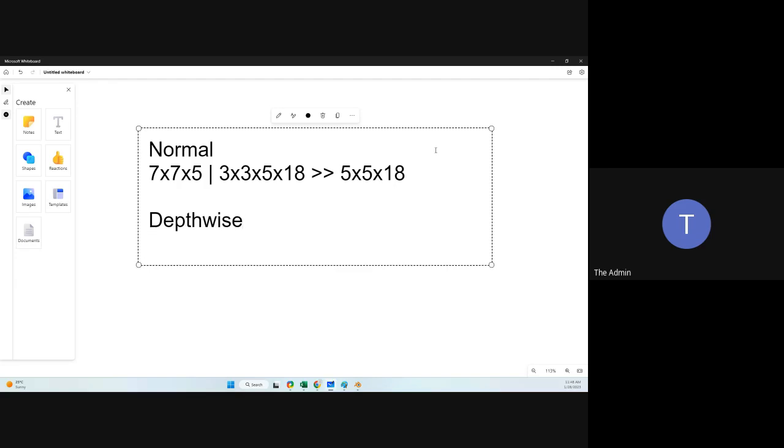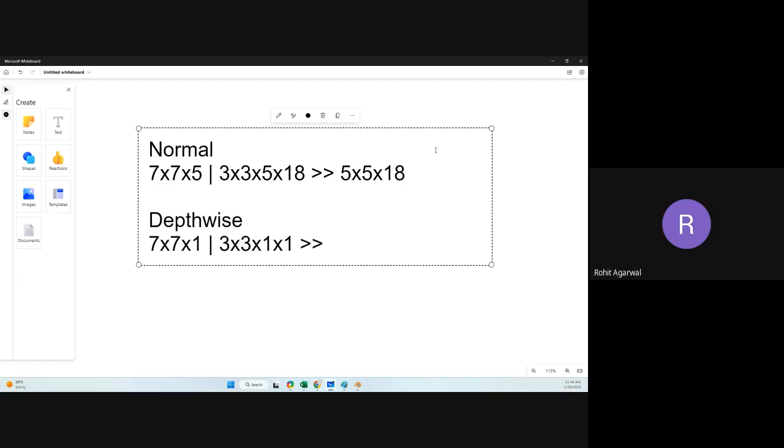we are going to start at 7 cross 7 cross 5. In depthwise, we are going to convolve every channel separately, with 3 cross 3 cross 1. I will bring the 5 back because people are getting confused. So we'll have 3 cross 3 cross 1, cross 1. Why not 18? We'll come back to that.